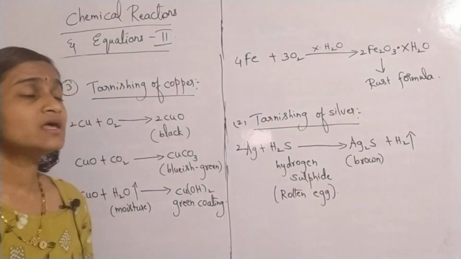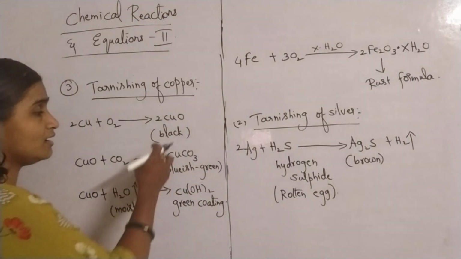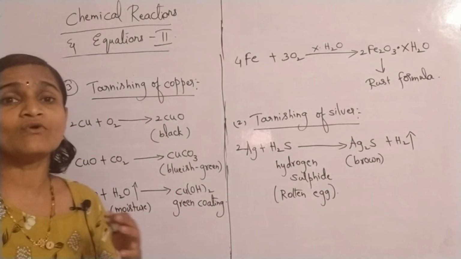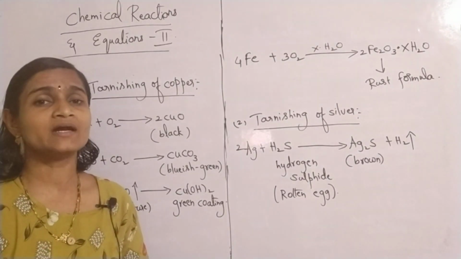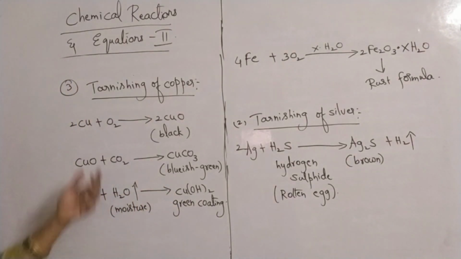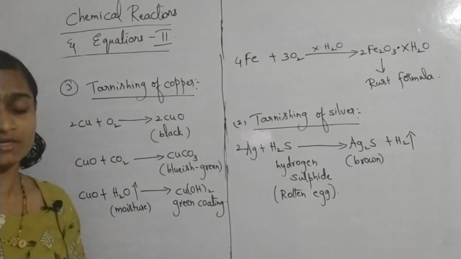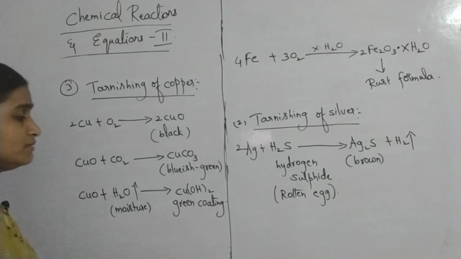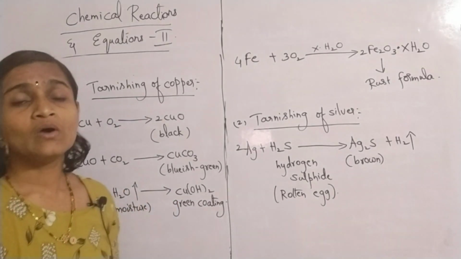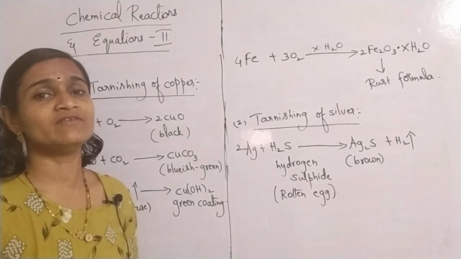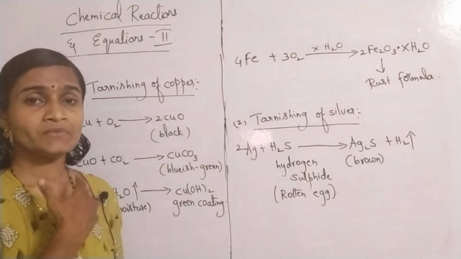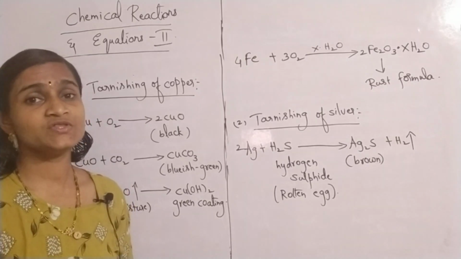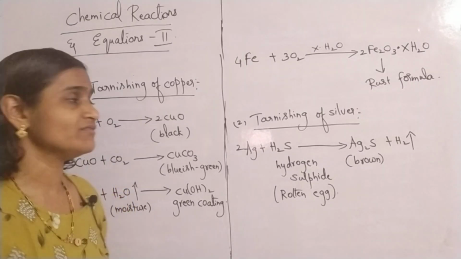All these colored substances formed as an unwanted layer on the surface of copper articles, you call that phenomenon tarnishing of copper. This is a chemical reaction which happens in our daily life, so corrosion comes under daily life reactions which we see in our day-to-day life.